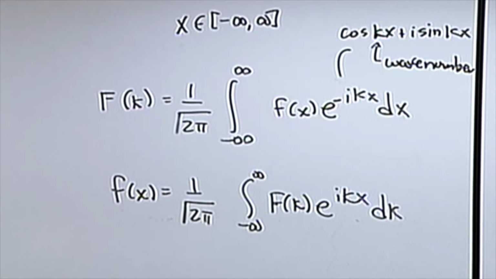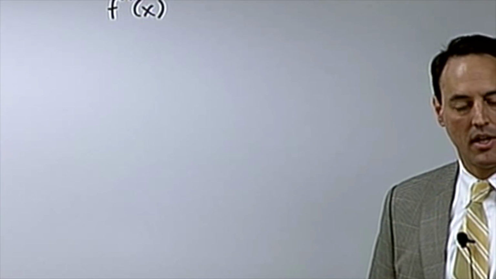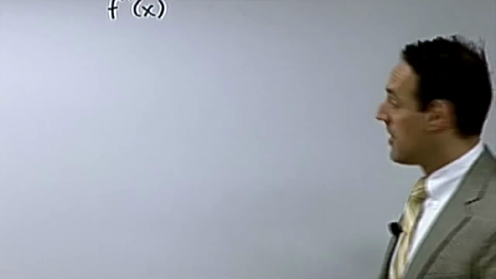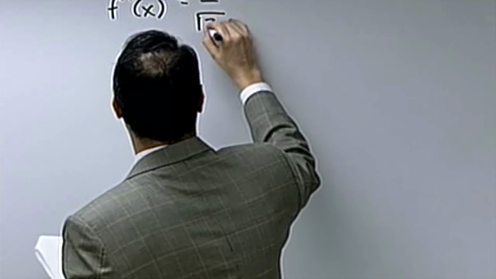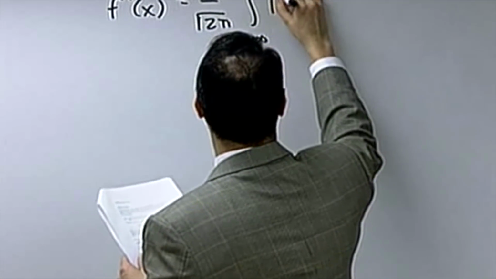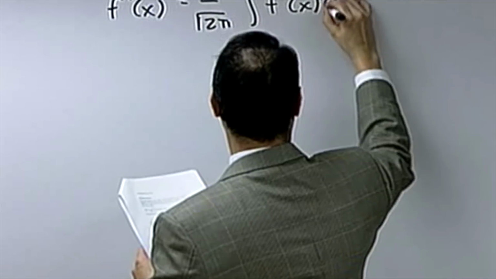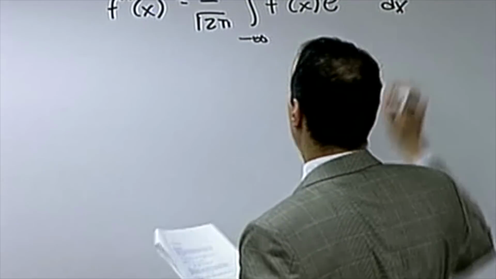This is a very useful property: I have this function f of x, I want to take its derivative, and now I want to Fourier transform that. Well, by the definition, you just integrate f prime of x e to the i kx dx.